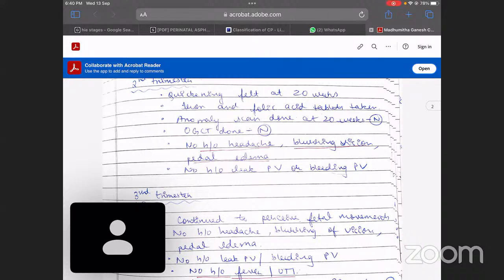When this germinal matrix gets a hemorrhage, because friable capillaries are present, and because of shear stress, because of birth asphyxia, because of preterm delivery, these are more friable and there will be a hemorrhage, and because of this hemorrhage, the germinal matrix cells, your glial cells and oligodendrocytes, which have to give support to the neurons, will get the problem.